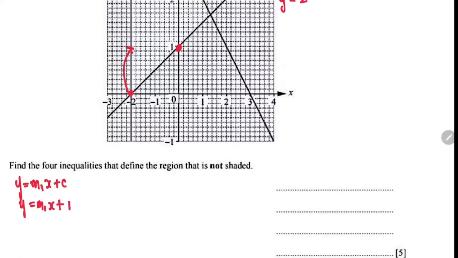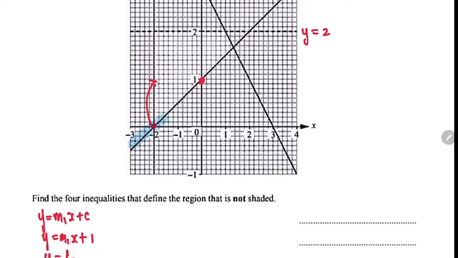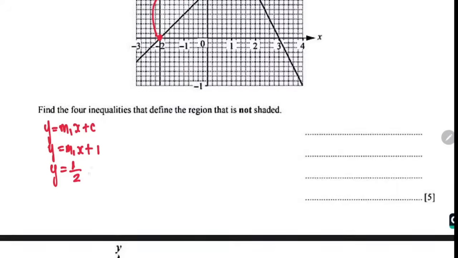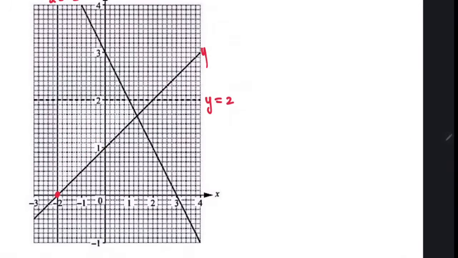It's positive, 1 over, because this line is going up, so it's a positive gradient. Then how many steps did it move in the x? From -2 to -1, that's one step. Then from -1 to 0, that's the second step. So it is half x plus 1. So you can write it here: y is equal to half x plus 1.